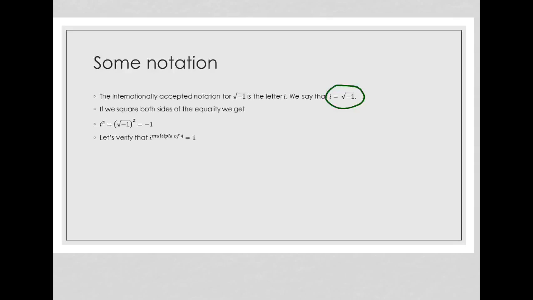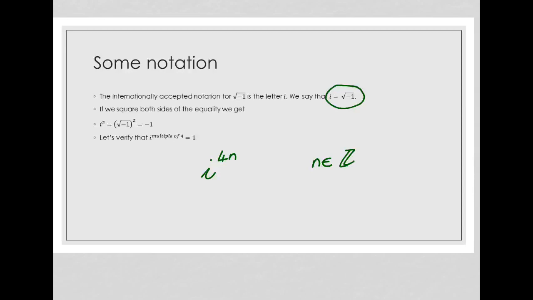So let's verify that i to the power of any multiple of 4 is equal to 1. So how do I do that? It's i to the power of 4n, where n is any integer.